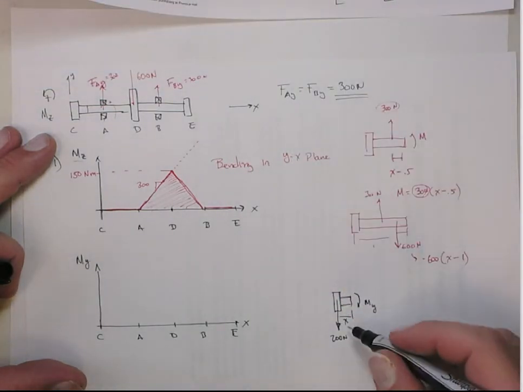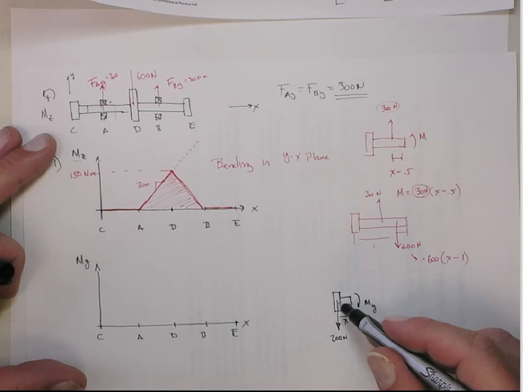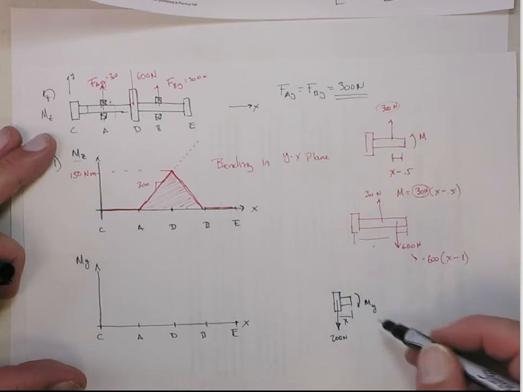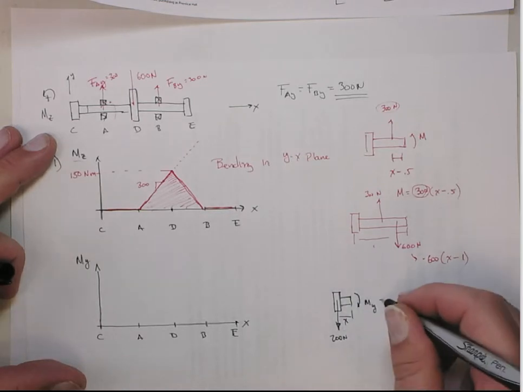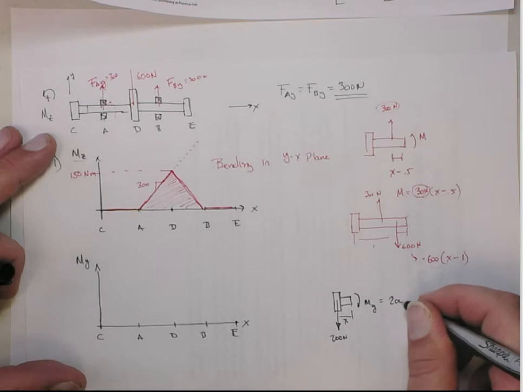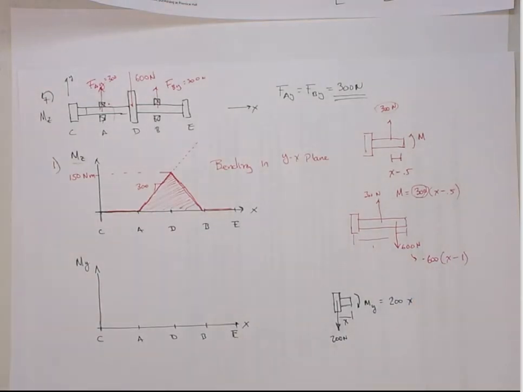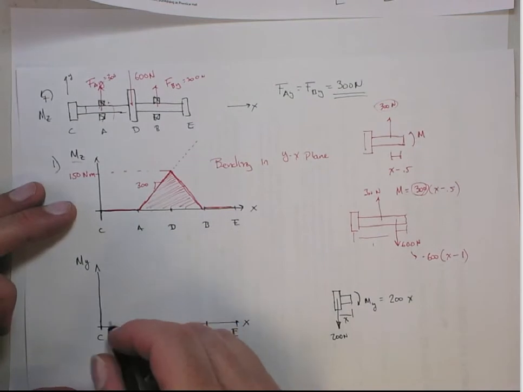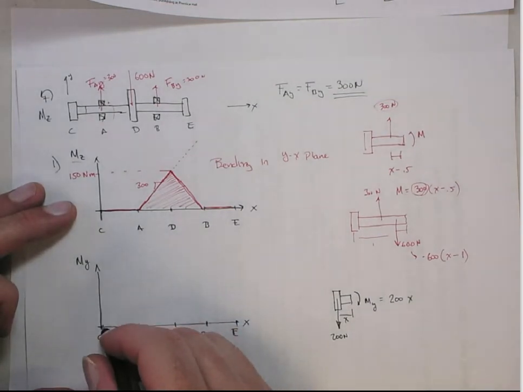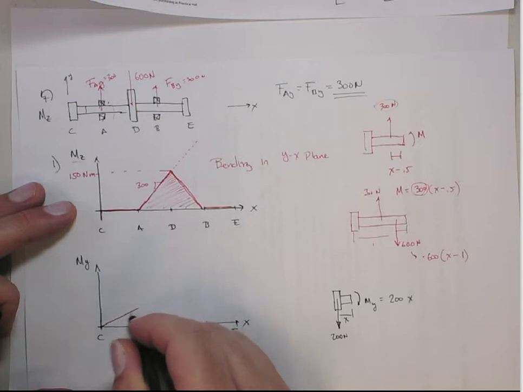So this is going to introduce a negative moment balanced by the positive moment. So this one's actually going to equal 200 times x. This is going to start off here at 0 and have a slope of 200 until I reach this point.